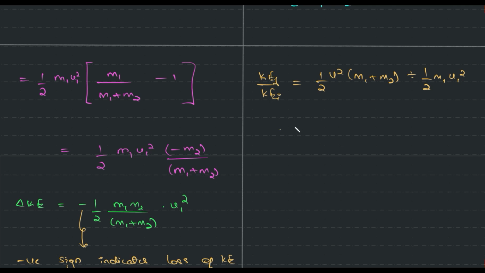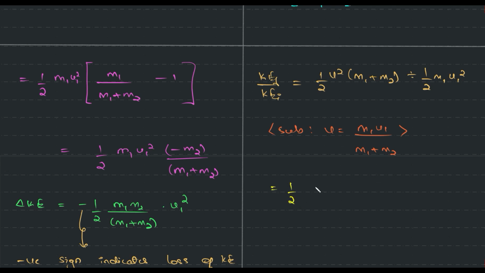I know I should have done it before only. So substituting for v, we have v is equal to m1 u1 divided by m1 plus m2. So if I do substitute, will I get to cancel something?